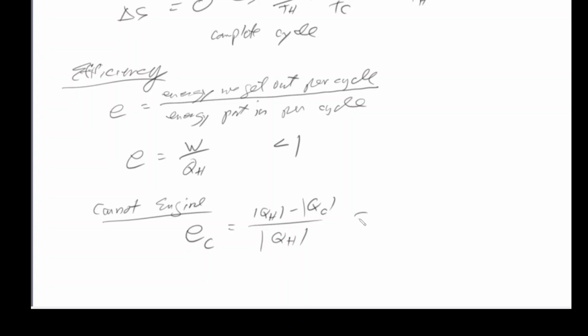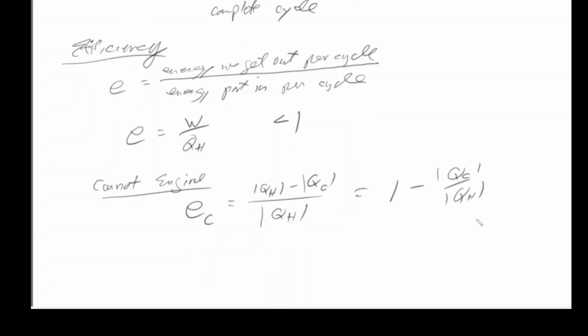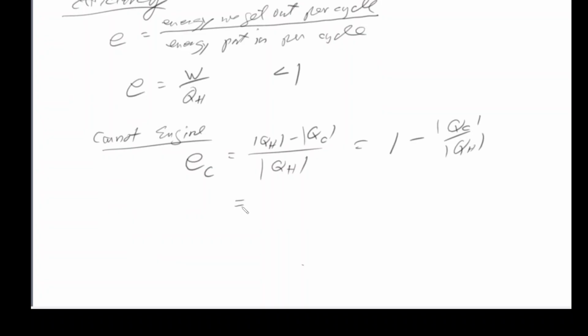And that becomes 1 minus Q cold absolute value over Q hot. And we also find that's equal to T hot minus T cold over T hot, which is equal to 1 minus T cold over T hot. So these are ways of finding the efficiency of an engine.